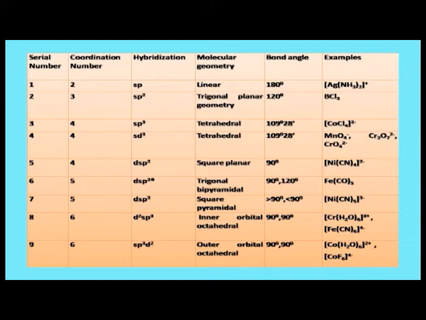Coordination number 5 may also be produced by formation of sp3d hybridized orbitals, where the participating d orbital is of the valence shell and dx square minus y square in its orientation. The geometry produced by such hybridized orbitals is square pyramidal. The hybridization and shape produced by coordination number 6 we have already dealt with.